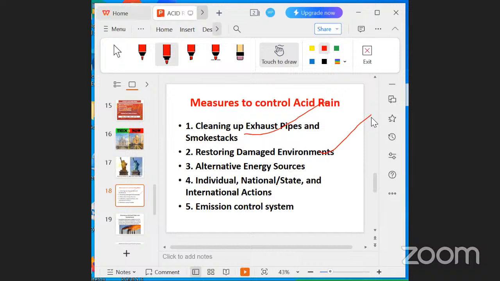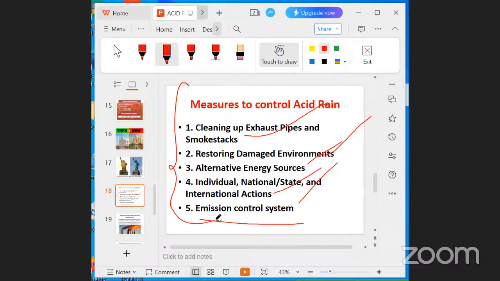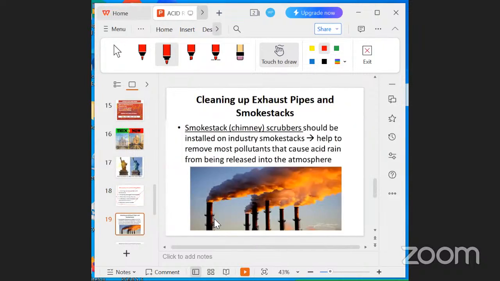Third one is alternate energy sources, and individual, national, or state and international actions and emission control systems. So these are some of the measures to control acid rain. You see here one by one.